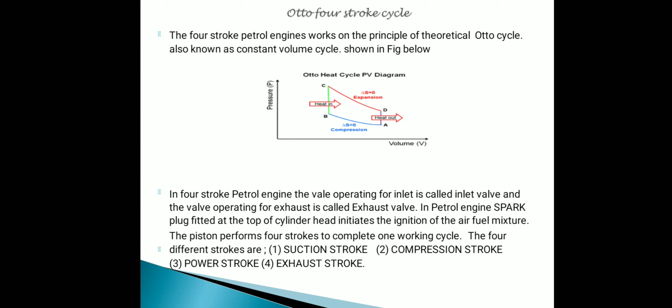Now the Otto four-stroke cycle, where the whole process takes place in four processes. We can represent it in the PV diagram, where A to B is compression, an isentropic process that takes place adiabatically, then B to C is the heat addition process.